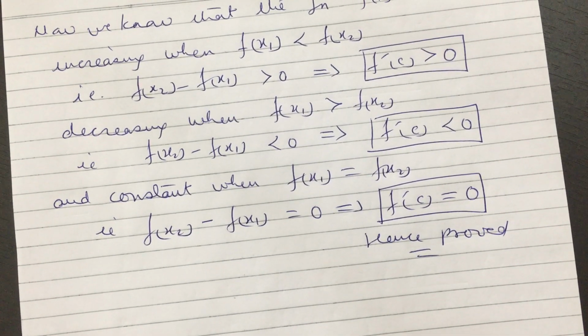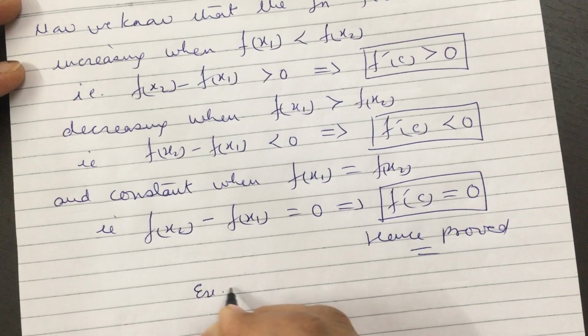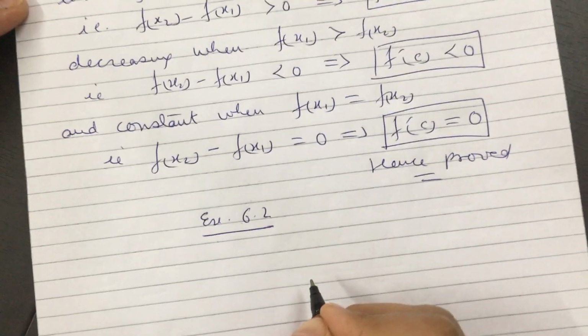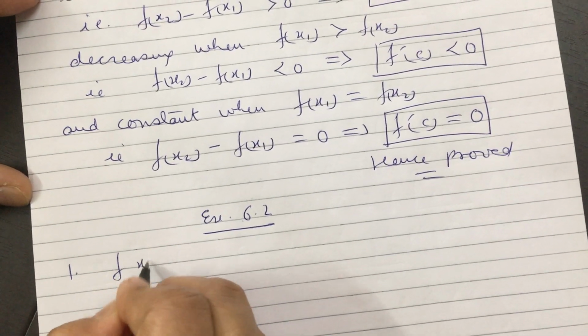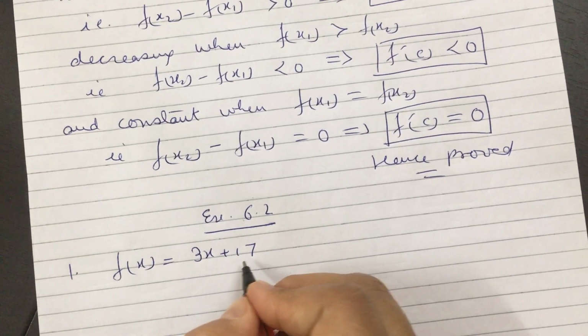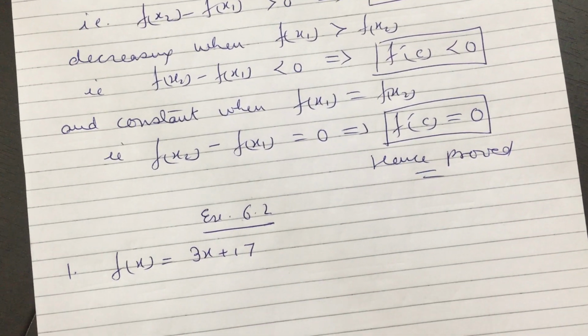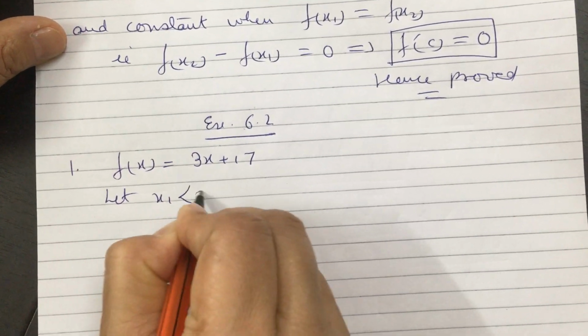Okay. So let's do some questions on this. We start with exercise 6.2. Question number 1 says fx equal to 3x plus 17. We have to check whether it is increasing or decreasing. First method of doing it is simply let x1 less than x2.